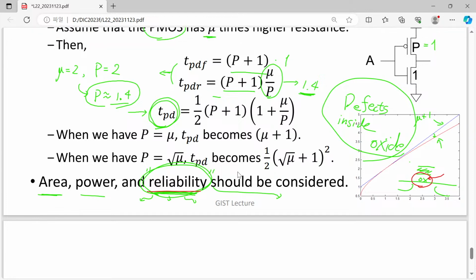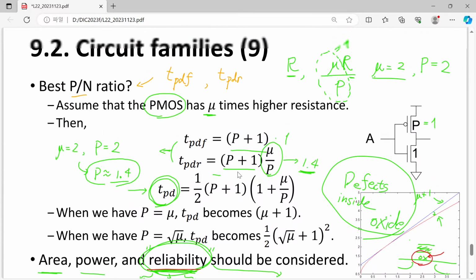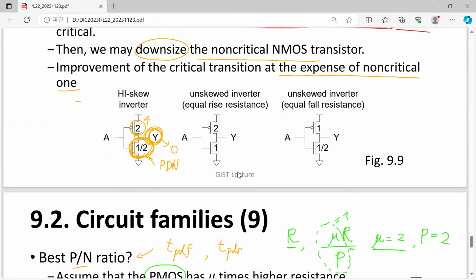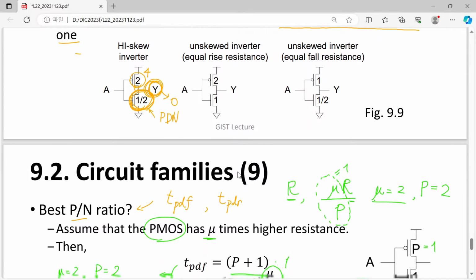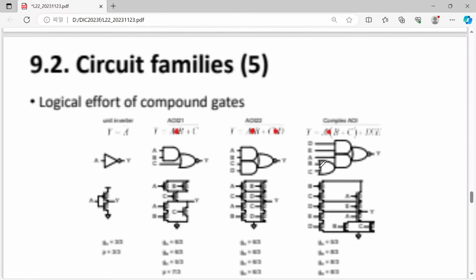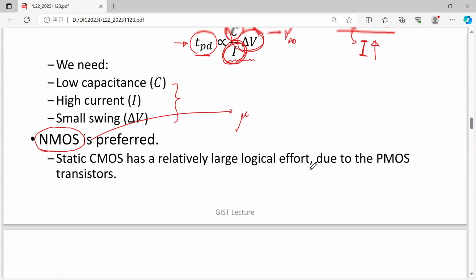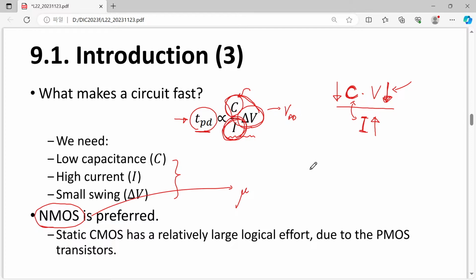Okay, so I think that today's lecture is part 1 on the circuit family part, section 9.2. In the next lecture we will consider other circuit families which do not use the PMOSFET, but use only NMOSFET in order to get, in most cases, higher speed.